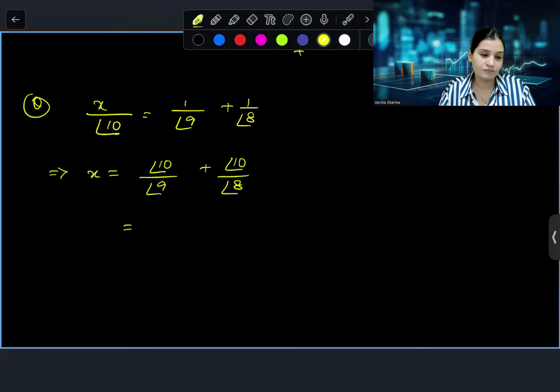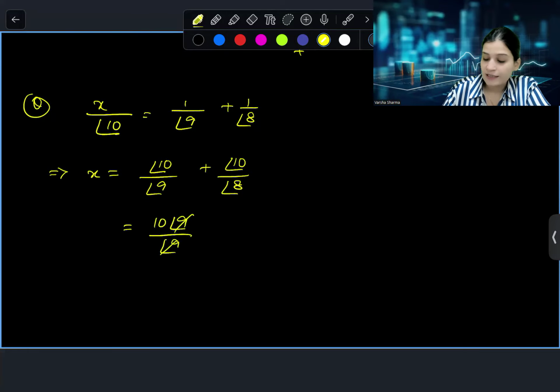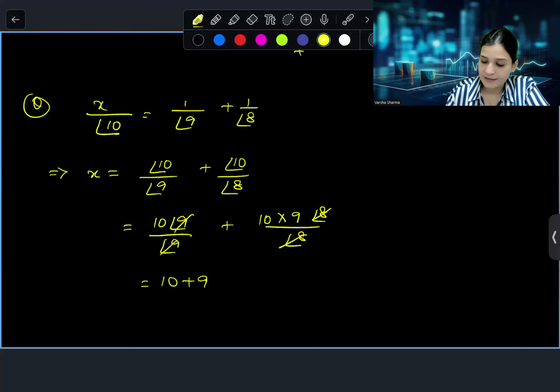So 10, then 9 factorial gets cancelled. Here I'll open the larger factorial 10, then 9, then 8. So this will be 10 plus 90, that is 100. Any doubt?